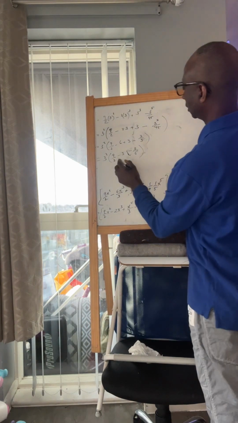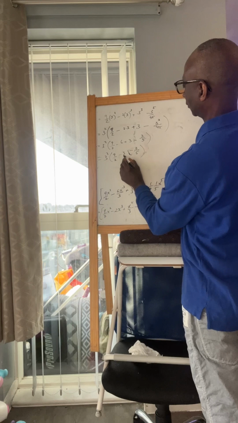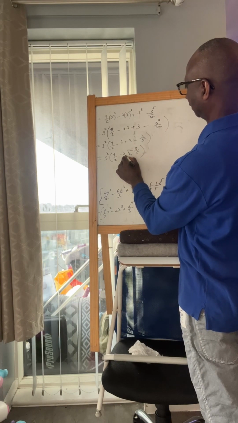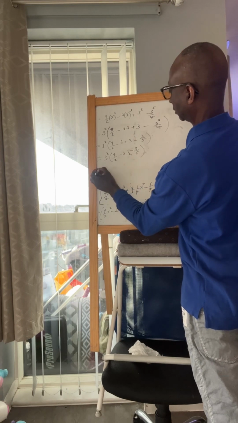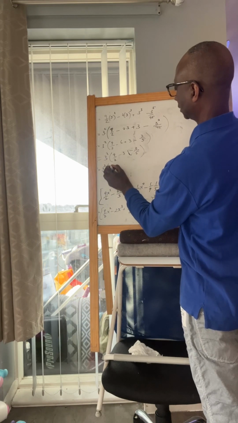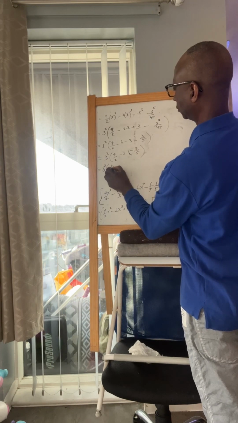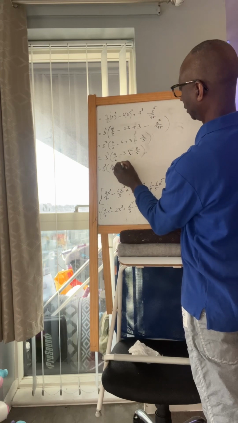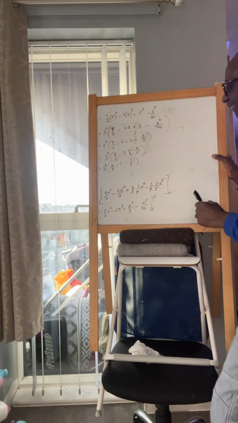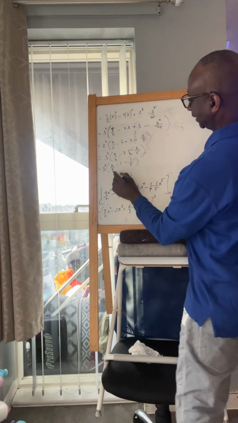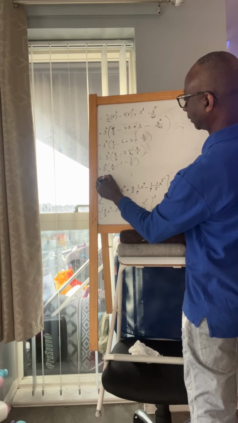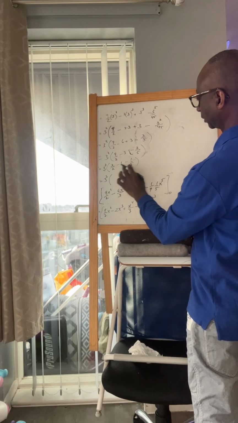Yeah? So still I can take 3 out. So this will be 3 to the power of 3. This will be 3 all over 2. I'm taking 3 out. Minus 1, minus 1/5. Yeah? So let me do 3 to the power of 3. I want to divide everything by 10.